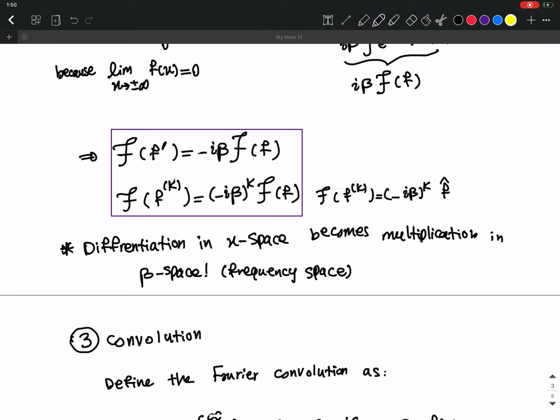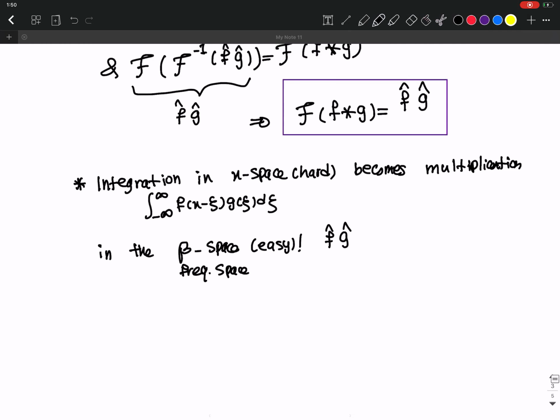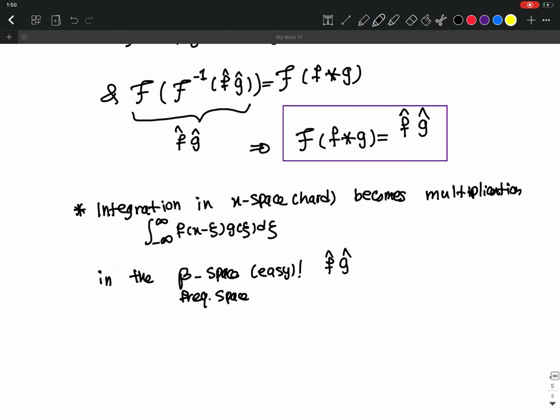And we saw, and this equals the Fourier transform of f times the Fourier transform of g. So the convolution, this integral in the regular space, becomes a multiplication of those two functions.